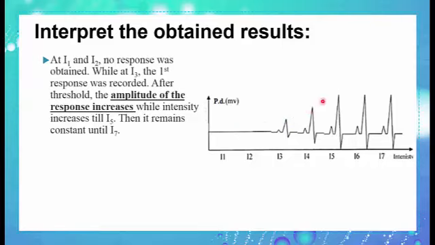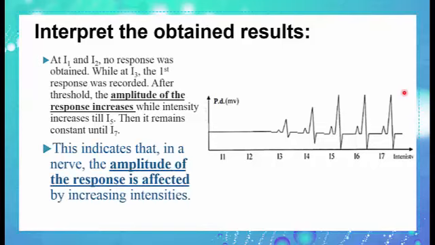If we don't describe the amplitude, the analysis is false. So this indicates that in a nerve, the amplitude is affected by increasing intensities, while in a nerve fiber, the amplitude is not affected, it is always constant.